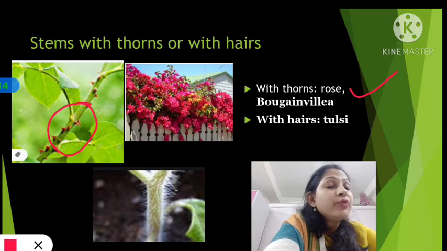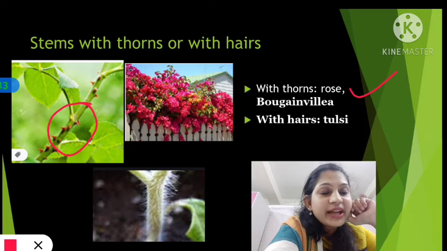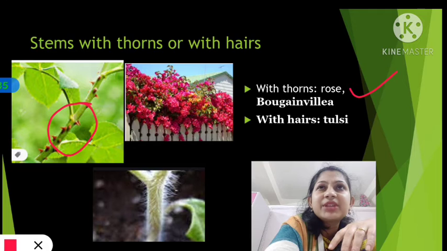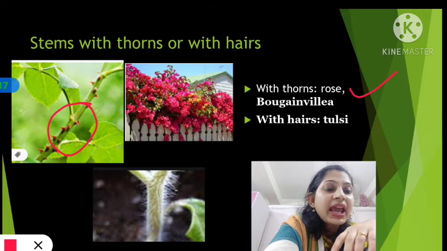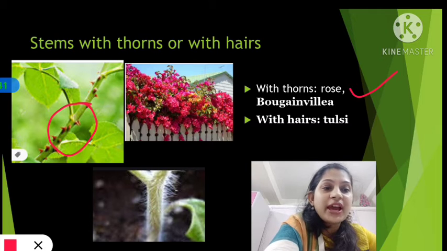It is a shrub, and its stem has thorns all over its body. One more example is bougainvillea. You might have seen pink flowers, sometimes white flowers are also there, and it grows like a very big hedge. These also have thorns.